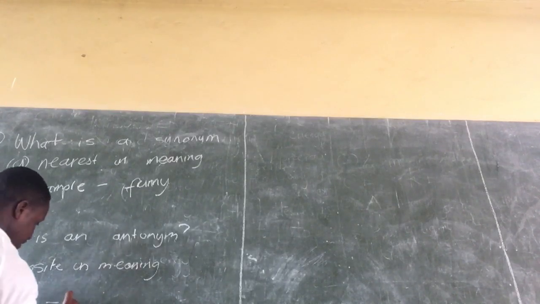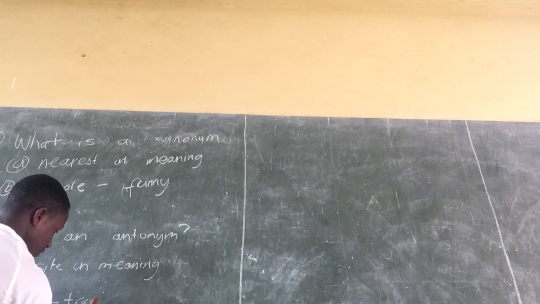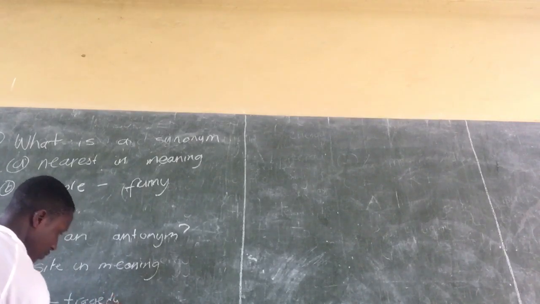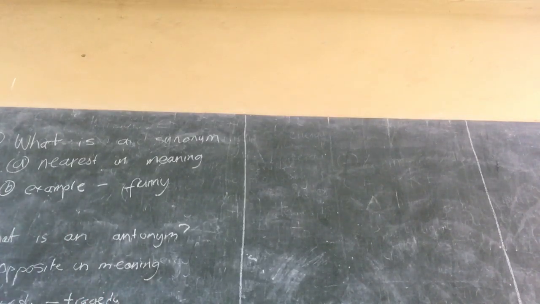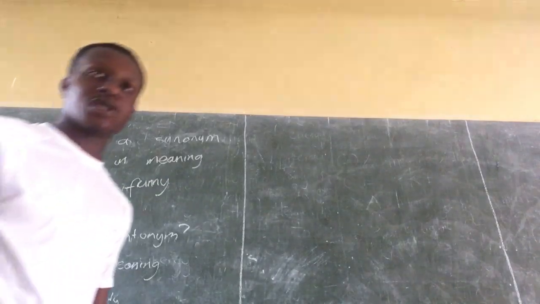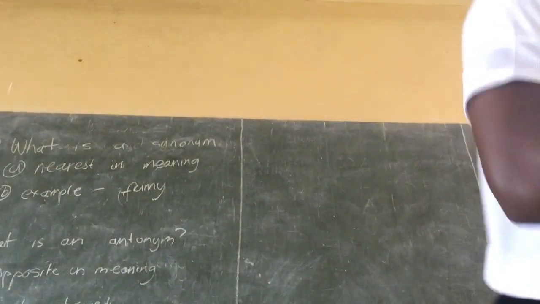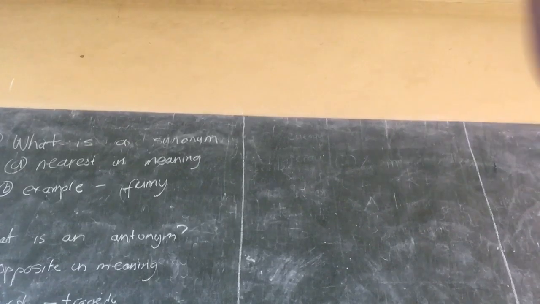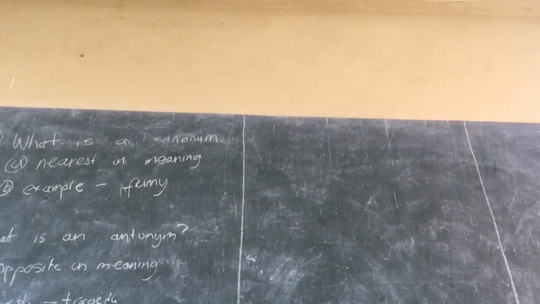So it would be tragedy. Do you understand? Yes. So you're going to put a word, a synonym, and then another word with antonym. Okay? All in your notebooks, please. You have 2 minutes to do that, please. Thank you. You need help, put your hand up and I'll come to you.